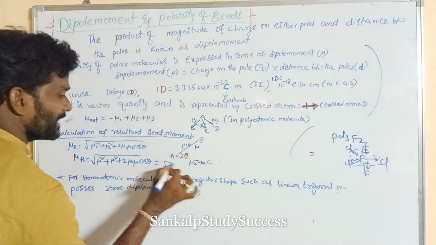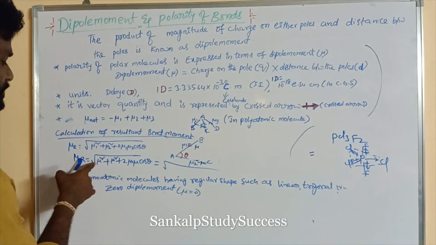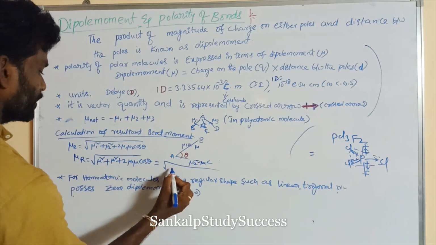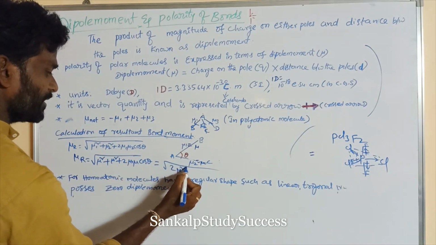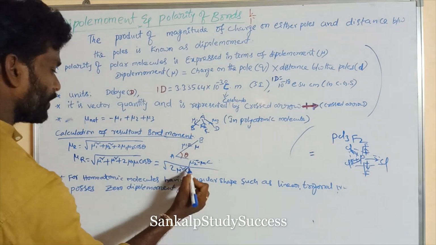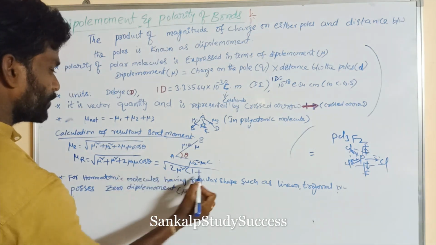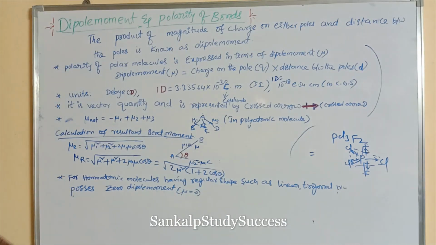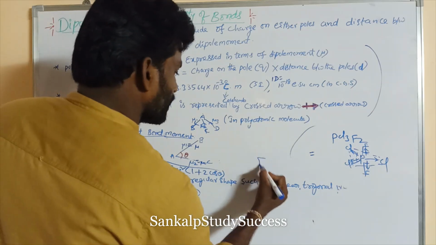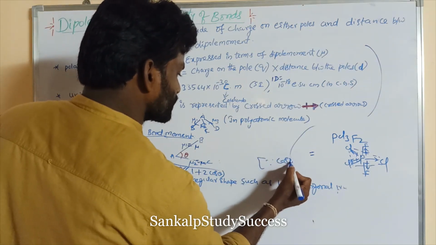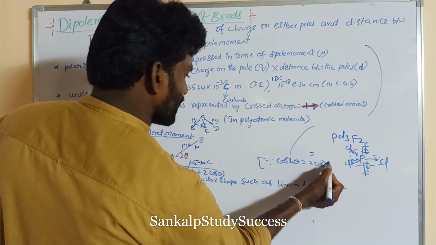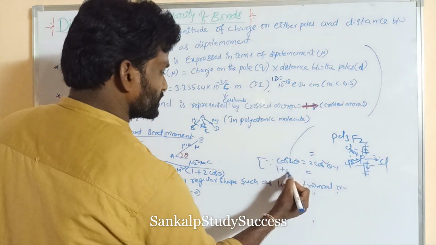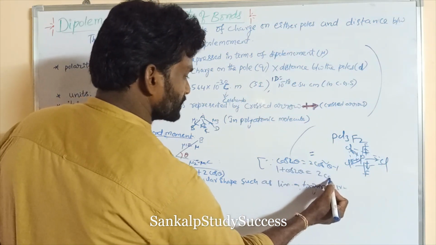So this can be written as 2 mu square, and 2 mu square can be taken as common: 2 mu square into 1 plus cos theta. So we know that cos 2 theta is equal to 2 cos square theta minus 1. Now 1 plus cos 2 theta is equal to 2 cos square theta.